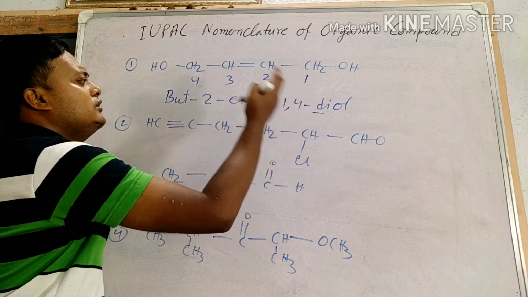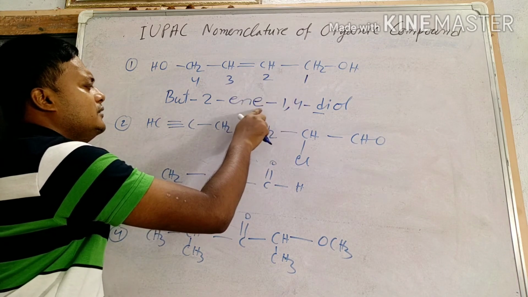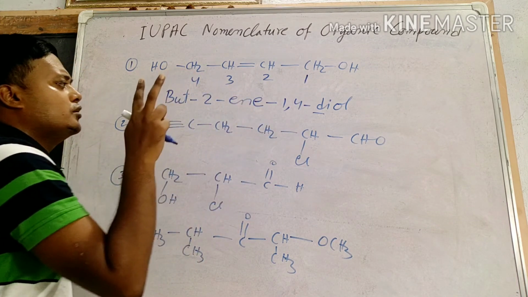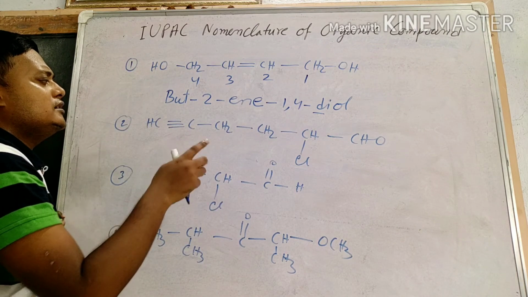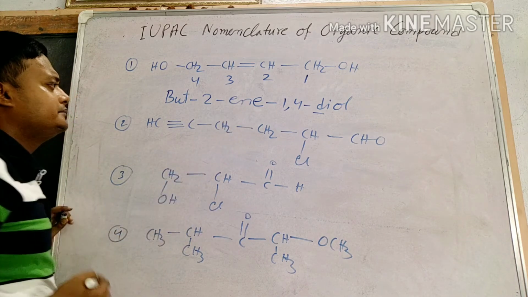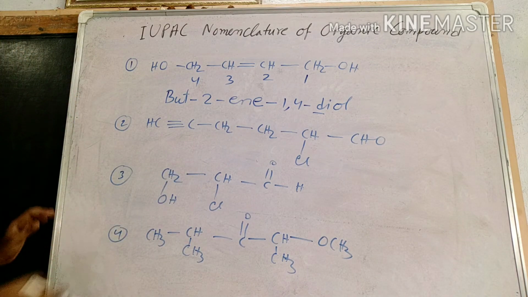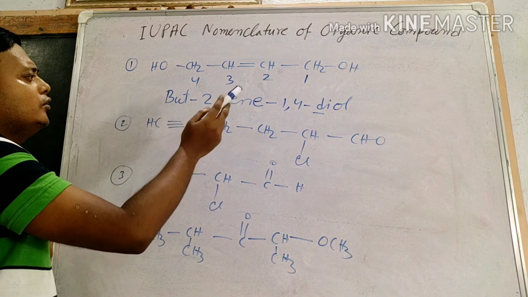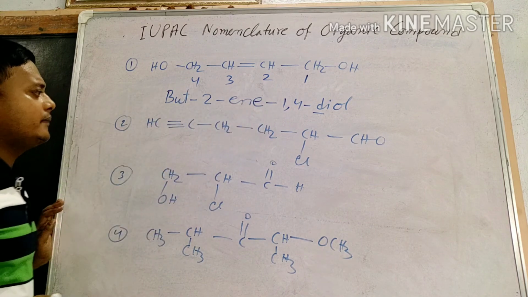If there is only one OH, then there will be no 'e', because in IUPAC nomenclature you cannot put two vowels consecutively. So but-2-ene-1,4-diol.